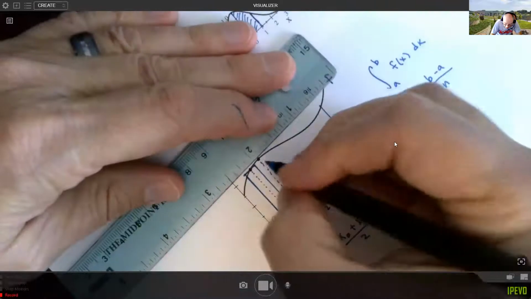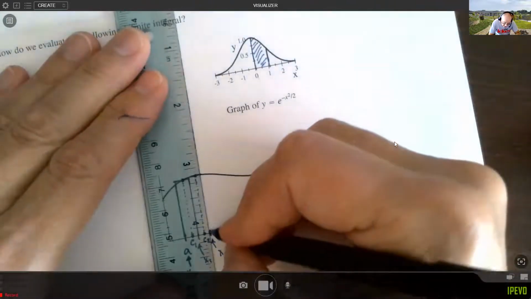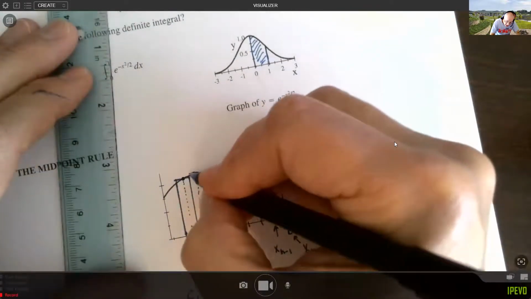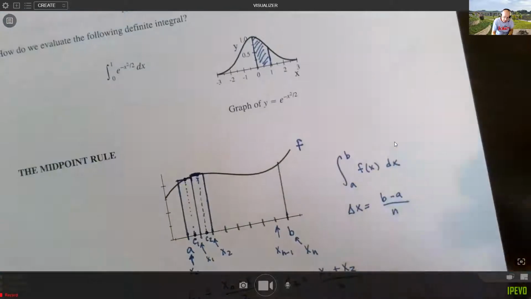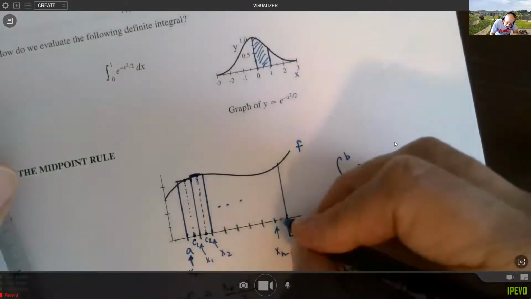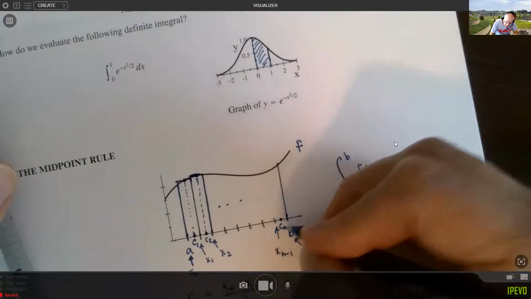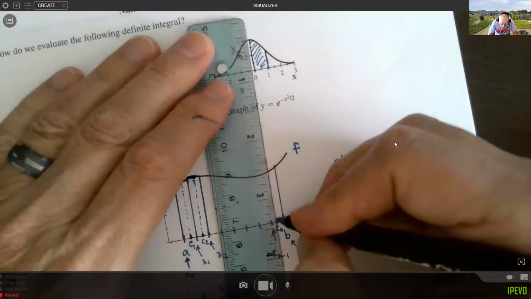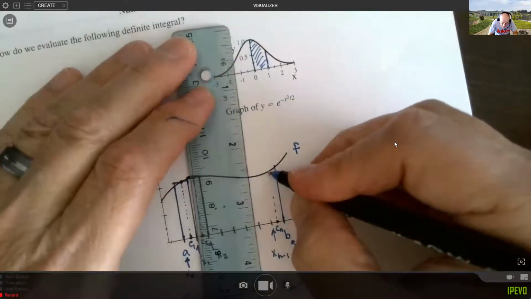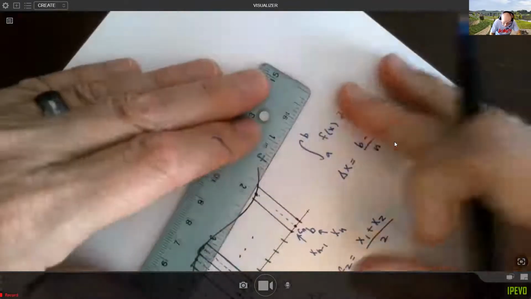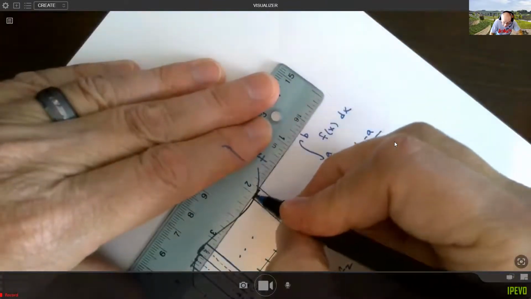And so there would be our second rectangle, a little bit higher than the previous one, and so on. So we would continue all the way down until the very end. The last midpoint would be c sub n, the nth subinterval, and the height of that would be about right there. And so we would have a rectangle that would look like that.